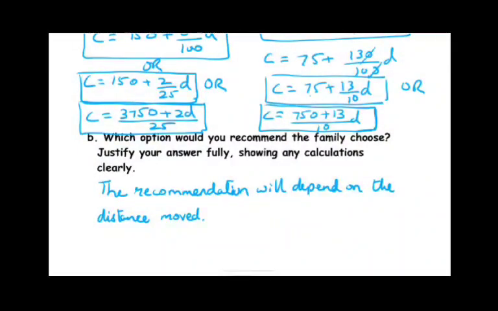However, a critical distance is 150 kilometers where the cost of both options is the same. So the critical distance is 150 kilometers. That's your answer.